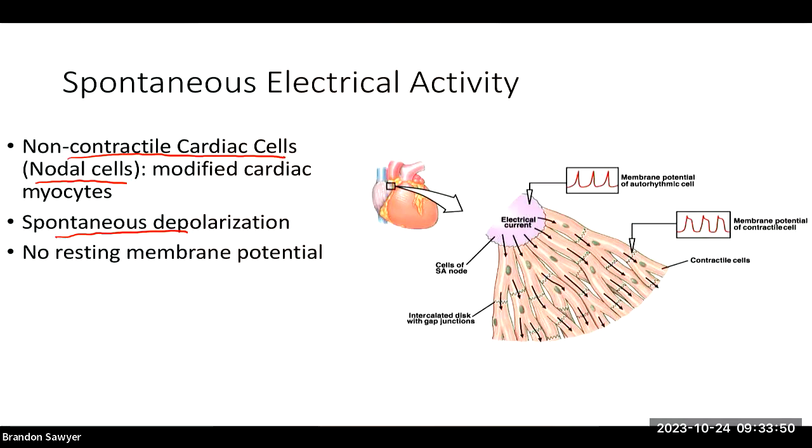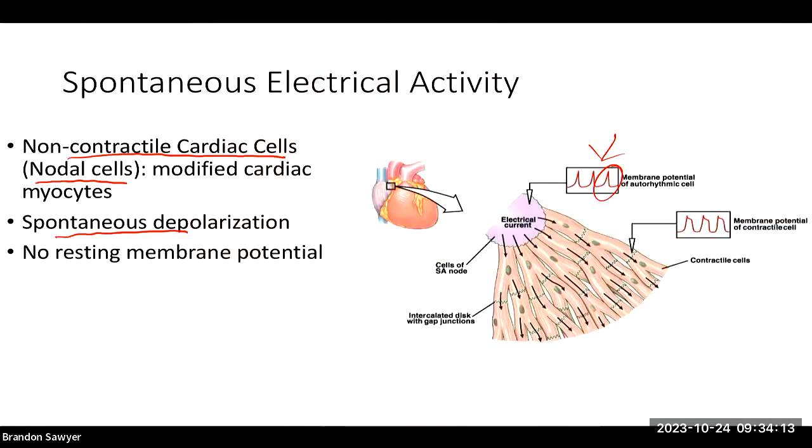Okay, so they don't really have a resting membrane potential. They don't have a flat part between action potentials. They go down to as far hyperpolarized, or just as polarized, as they're going to get, and then they immediately start depolarizing again. And we can see that in these action potentials right here. This is what those action potentials look like.